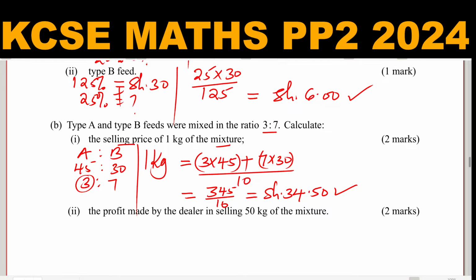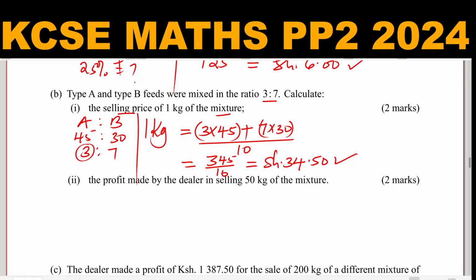That is part 1. Part 2, the profit made by the dealer in selling 50 kg of the mixture. What we have already calculated in part B1 is the selling price of 1 kg of the mixture.